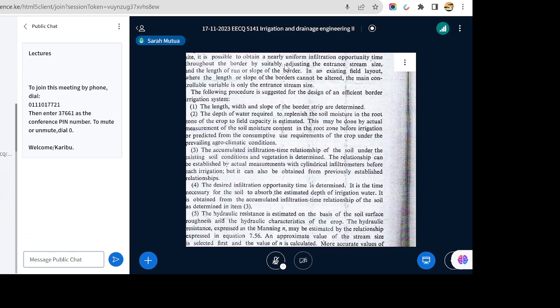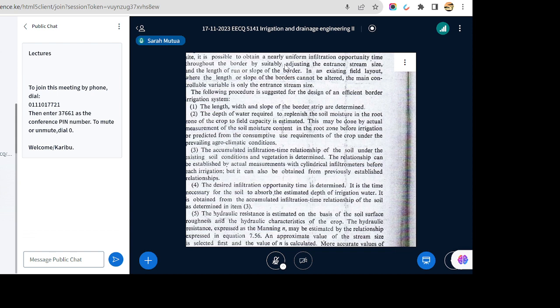Of course, what do you do? Number one, you have to know the principles of irrigation, of crop water requirement, irrigation water requirement. You want to determine the depth of water. You want to determine, do you want to irrigate up to field capacity? We know how to determine the depth of irrigation, or the crop water requirement, the irrigation water requirement specifically.